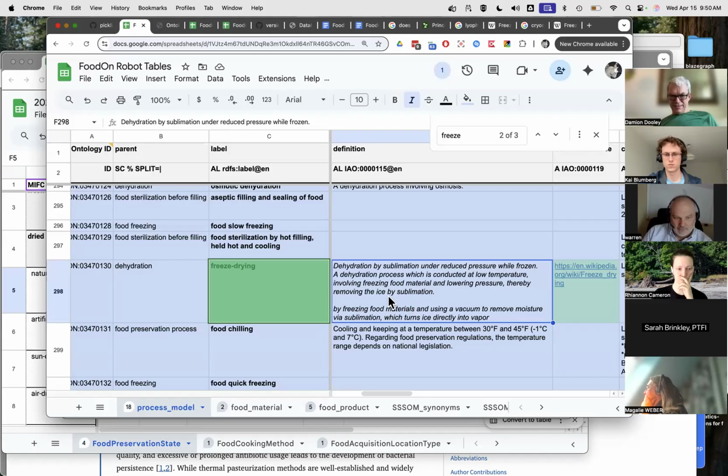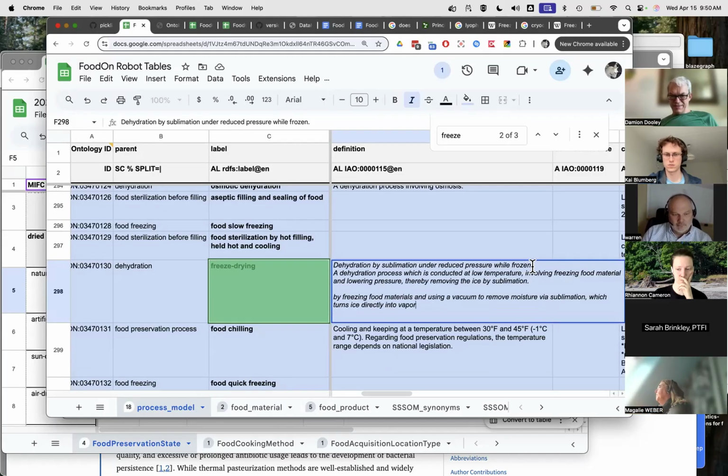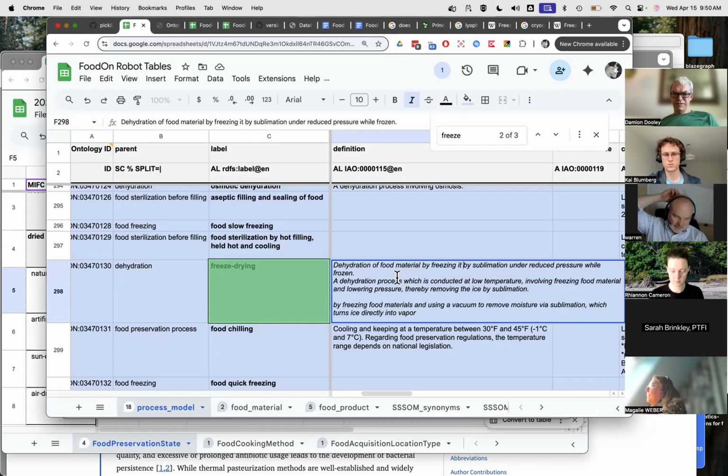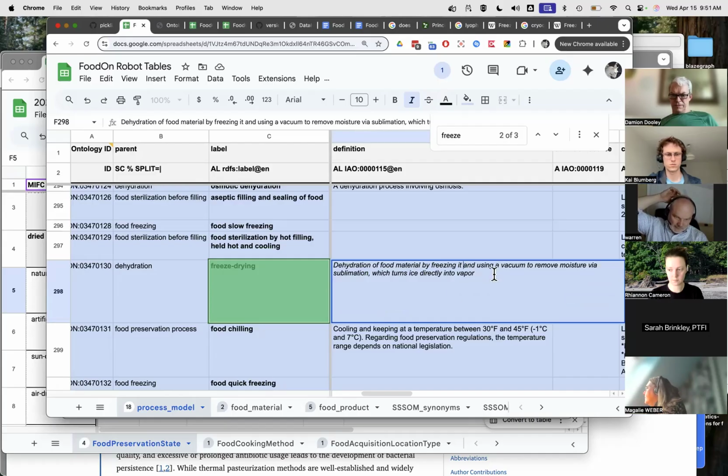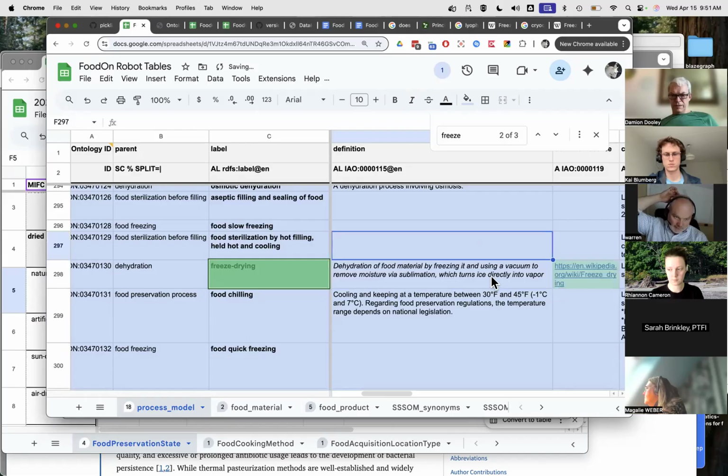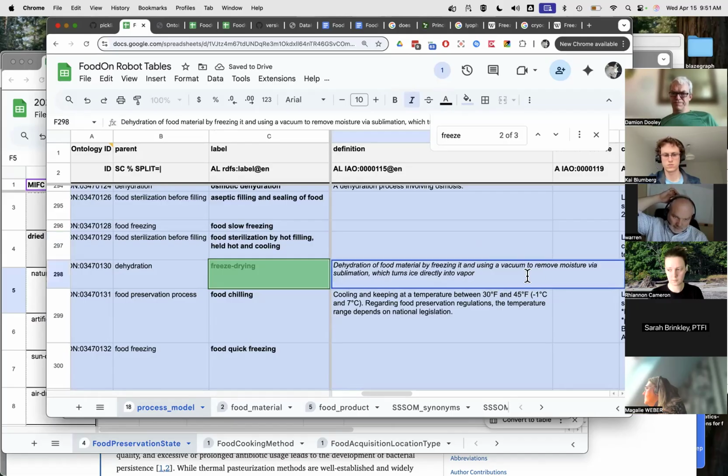So we could be looking at freezing it, which is the dropping of temperature, freezing it, and is that okay?